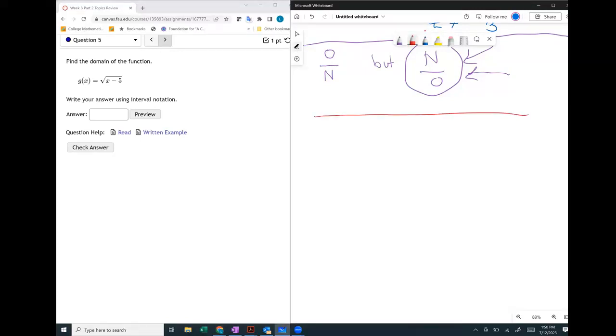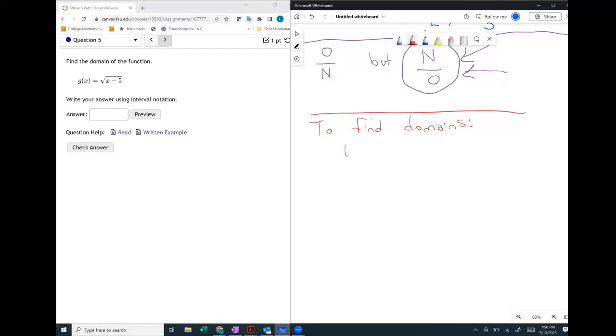So to find domains, look for what values of x cannot be included in your answer.